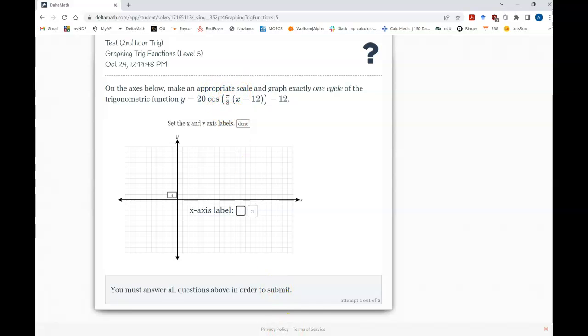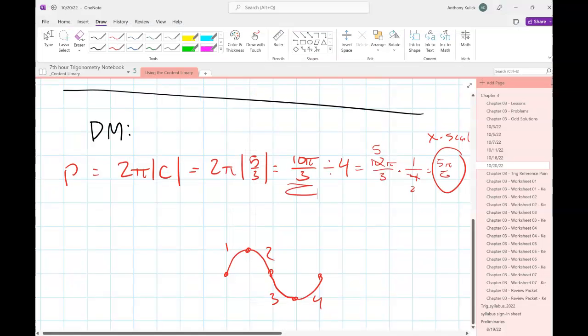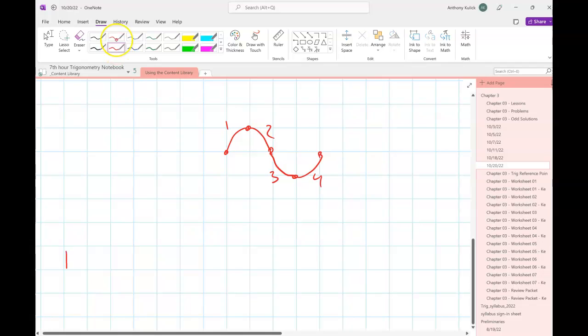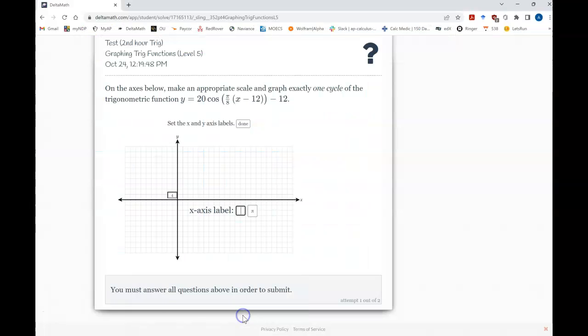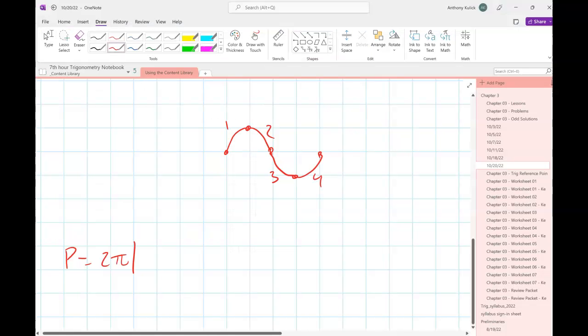We'll do that again for the period. I know it's 2 pi times the absolute value of, was that 8 over pi? I forget already now. Pi over 8. So when I flip it, it's going to be 8 over pi. So 16, that's my period.